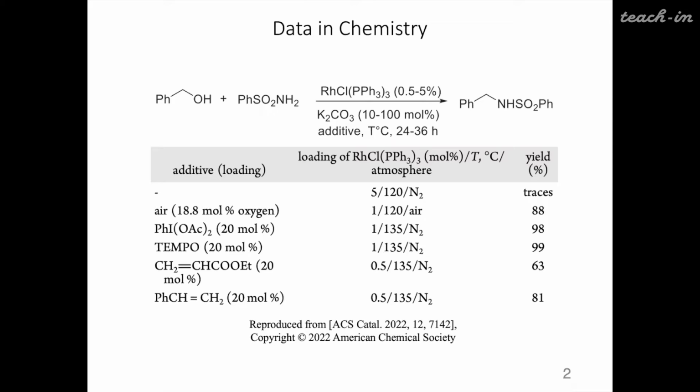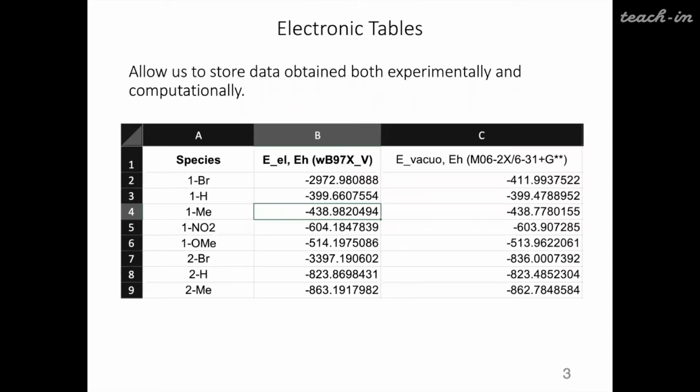So we should be able to store this data, and the natural way to do this is using electronic tables. We also can store computational data, like the data that was obtained via quantum chemical computations, using electronic tables. So it's a natural way.